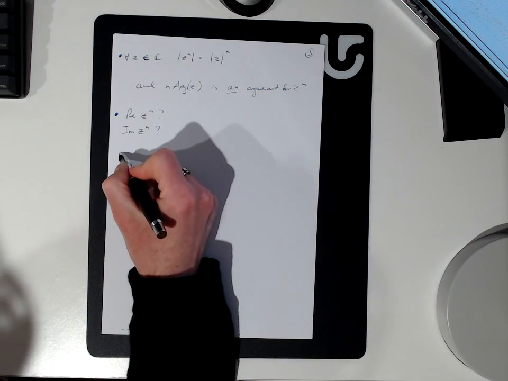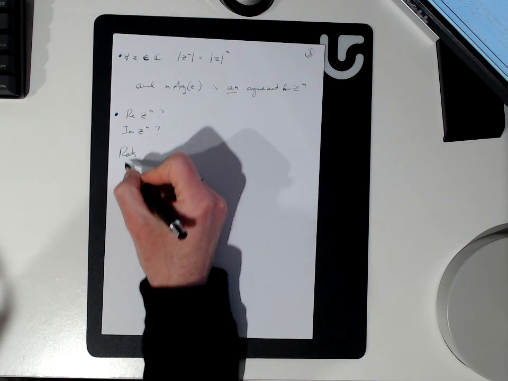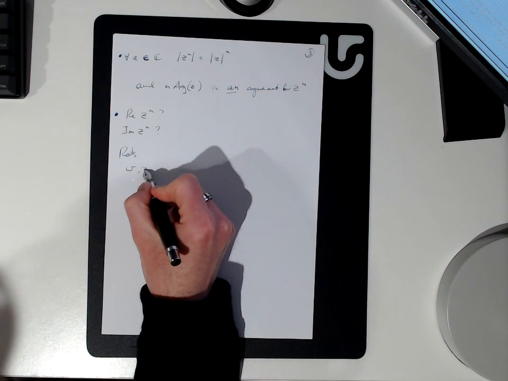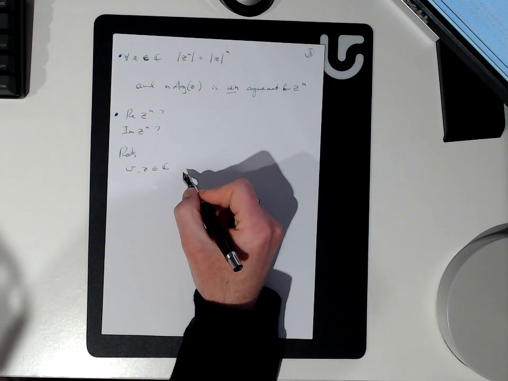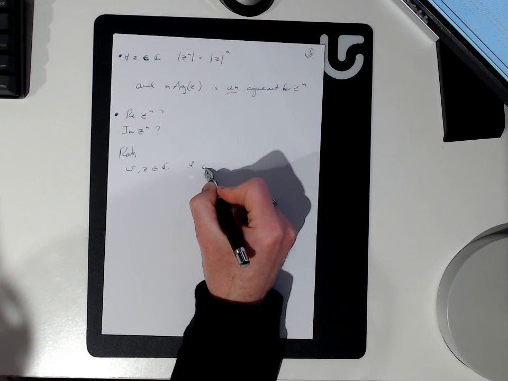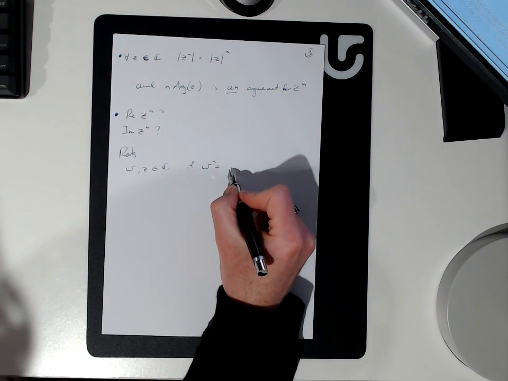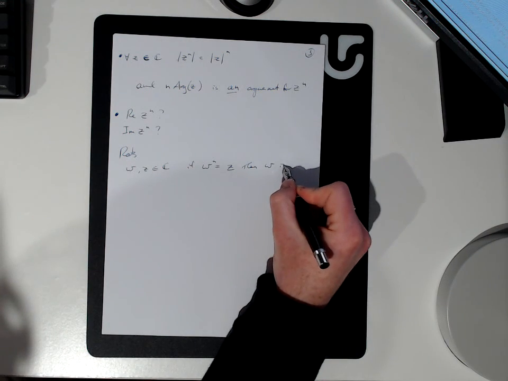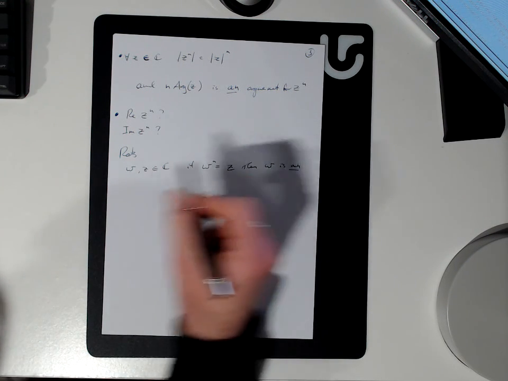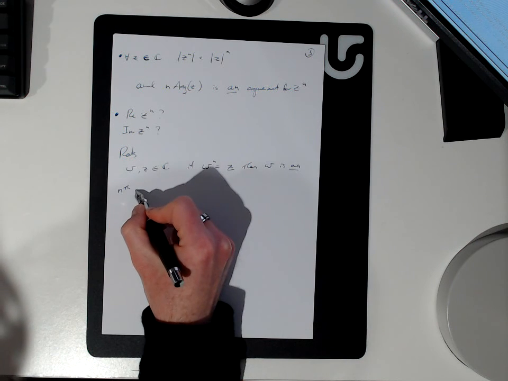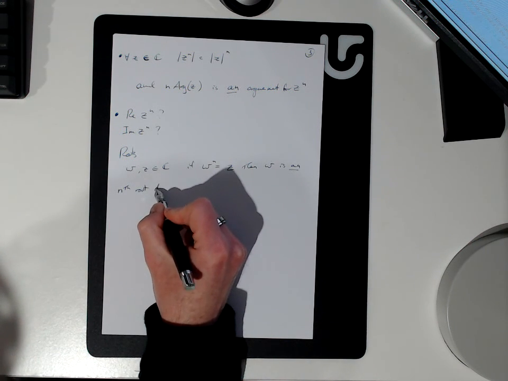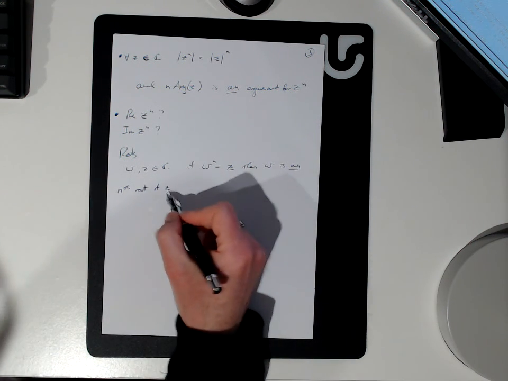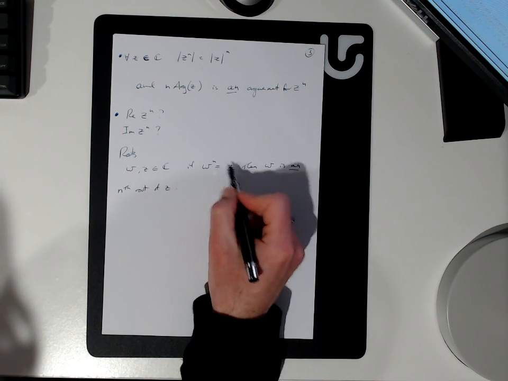Okay, so now roots. Let w and z be elements of C, and if w to the n equals z, then w is an nth root of z. This works on the idea that you can inverse this.